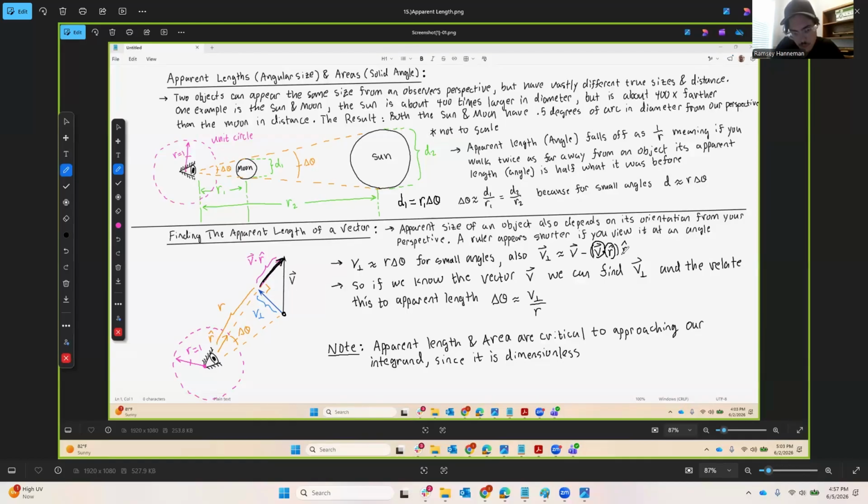And then we just tack an r hat onto it because that's the direction it's in. So it's the magnitude of the radial component of the vector, and since it's a vector equation we're writing, we tack an r hat on because that component is pointed in the r hat direction.